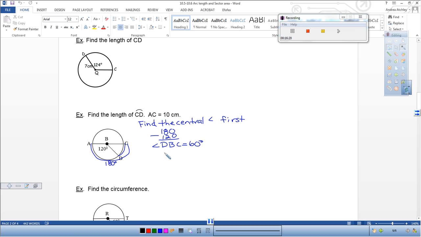So then we need the formula, which is the central angle divided by 360 equals my arc length divided by the circumference. So I just found my central angle to be 60 degrees.